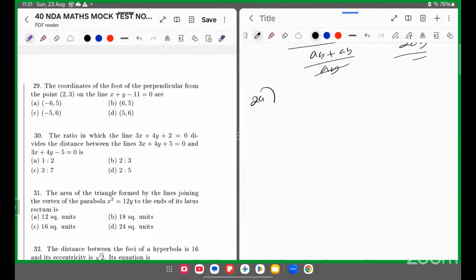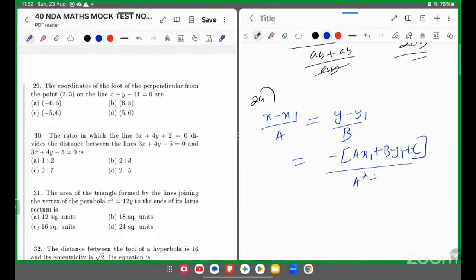For that, we have the formula for the coordinates of the foot of the perpendicular: x minus x1 by a, y minus y1 by b equal to minus of ax1 plus by1 plus c divided by a square plus b square.